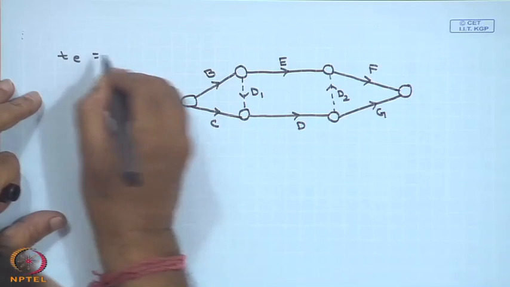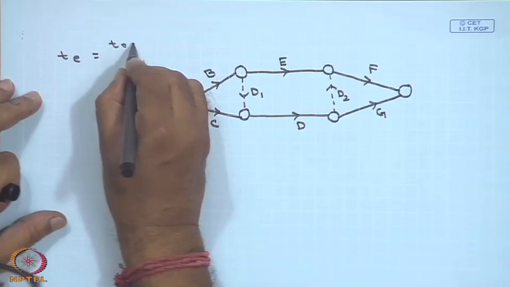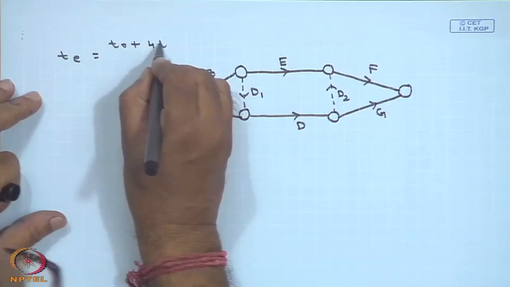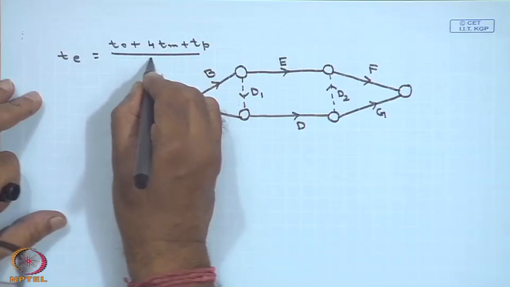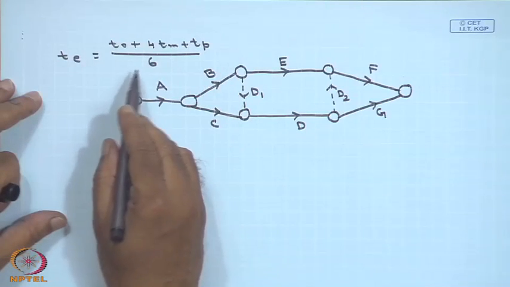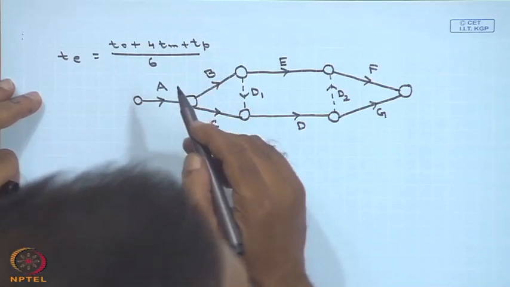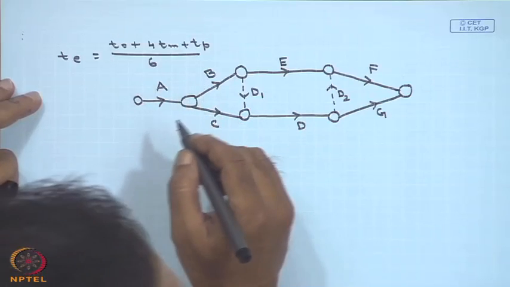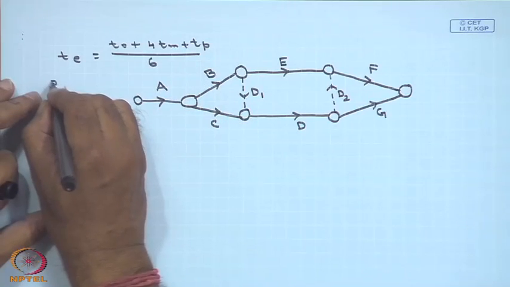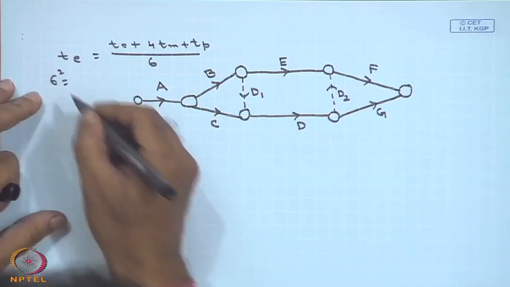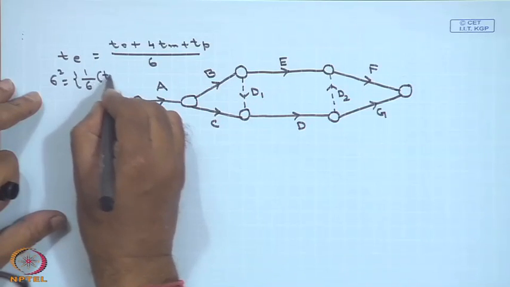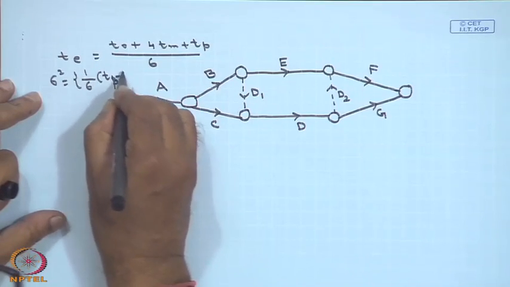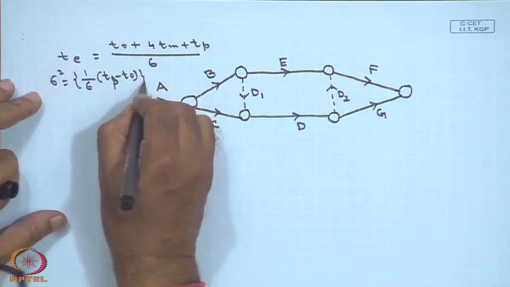From the formula, Te is (To plus 4 Tm plus Tp) divided by 6. And sigma square is 1 by 6 into (Tp minus To), this whole square.